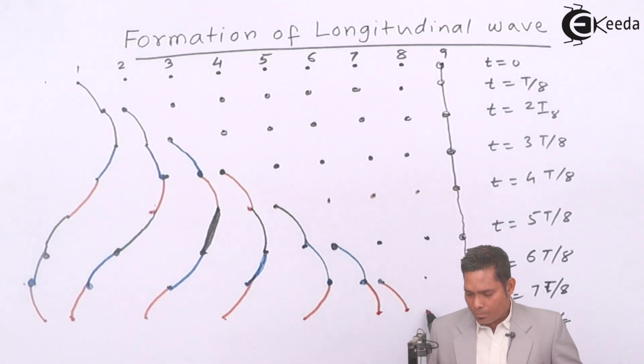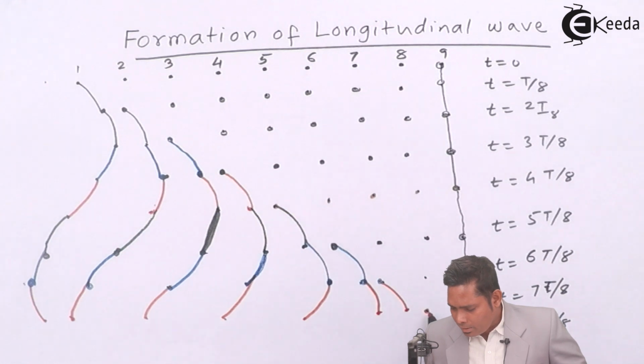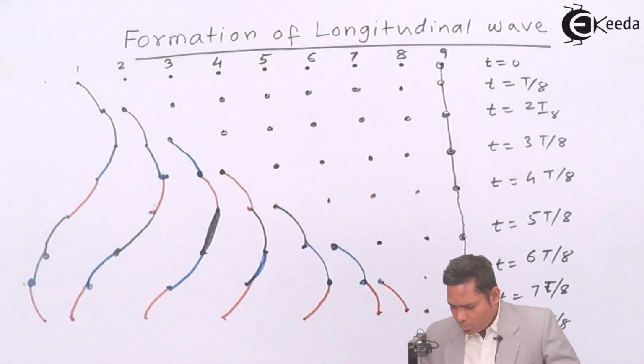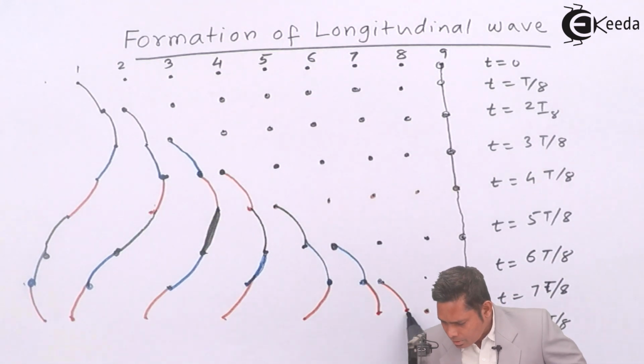So this is about to receive the disturbance. By the time this moves forward by T by 8 time, it will come to its mean position somewhere here.